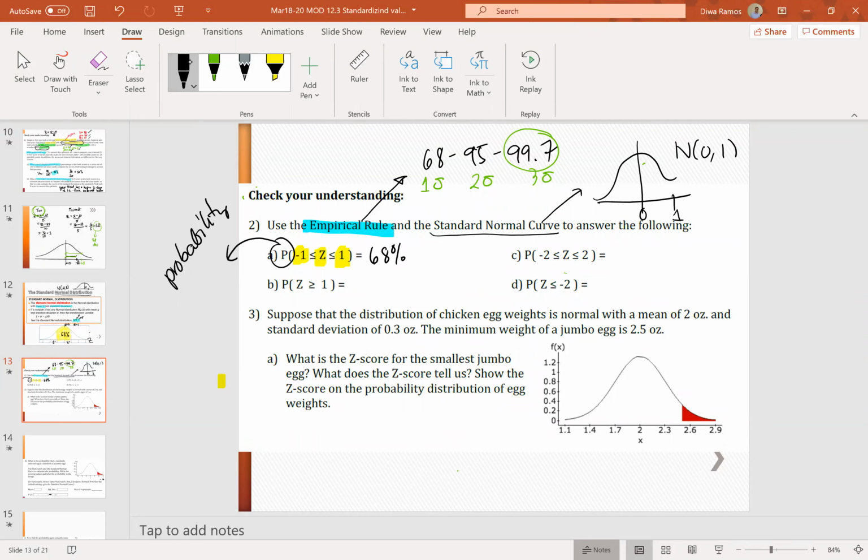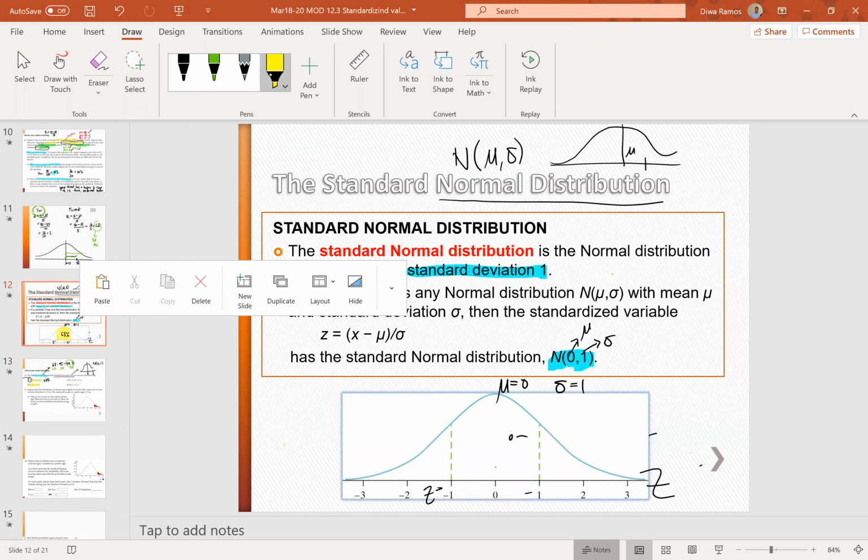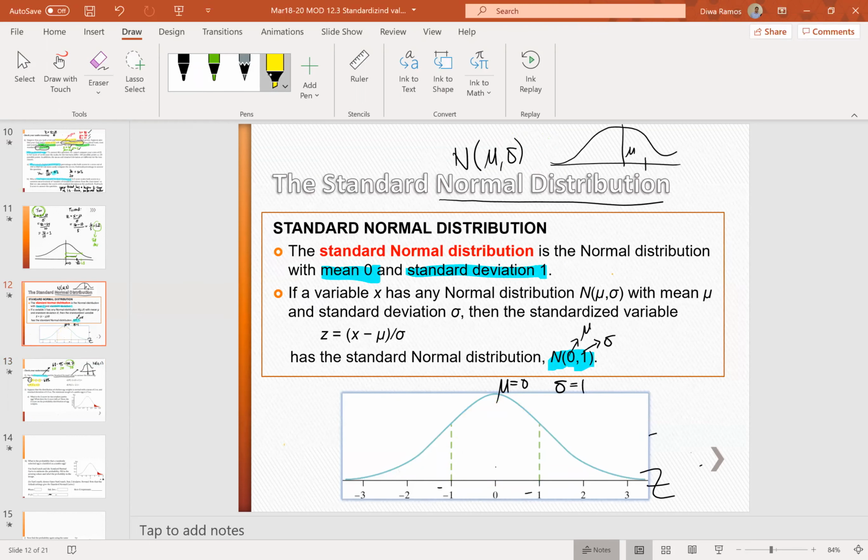Letter B: what is the probability that the z-score is more than 1 standard deviation away? Let me erase this. We're now looking at the area beyond 1 standard deviation, so we're looking at this part. I think this is similar to what we did last time.